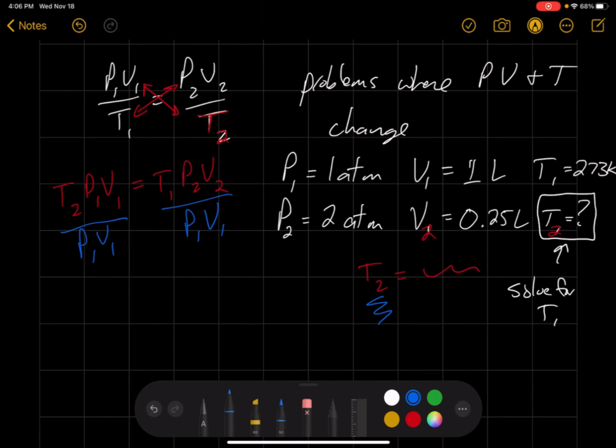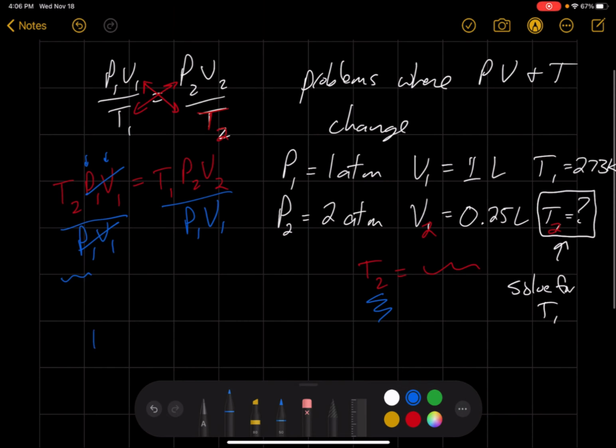That means that I need to move these two variables, P1 and V1, to the other side of the expression. I can do that by dividing both sides of the expression by those two variables. On the left-hand side here, P1 and V1 cancel out, and now I have a new expression that I can finally say is my final formula.